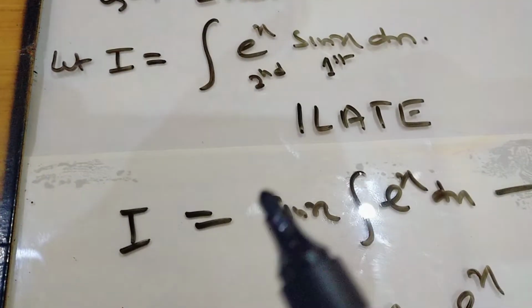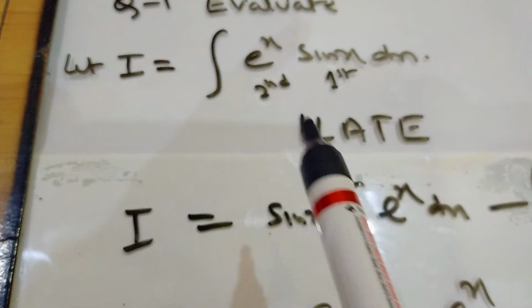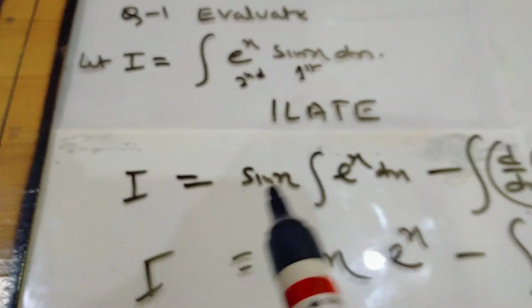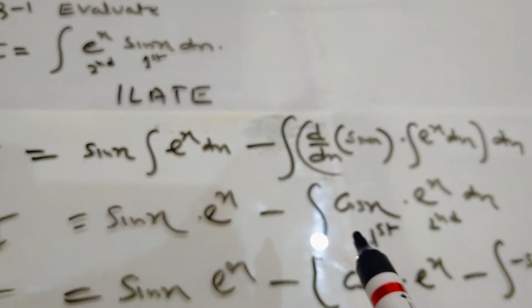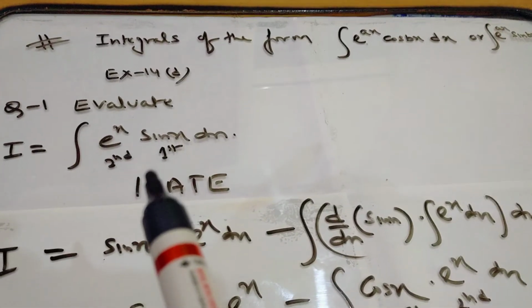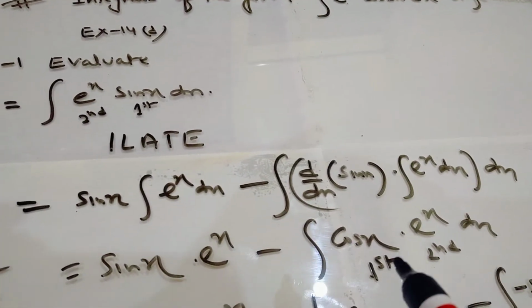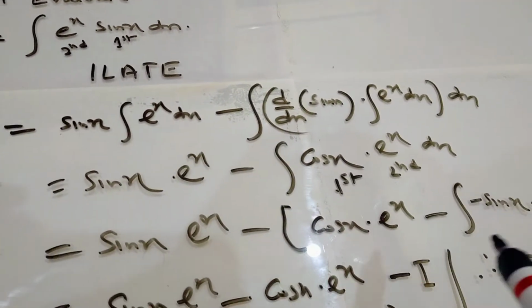So look at this part. What we did, we discussed this form. In this form, apply the ILATE rule and do the integration using by parts. After by parts the problem remains the same, because the same question has come. They have given the question in terms of sine, but it has come in terms of cos. Again I apply the by parts rule here.